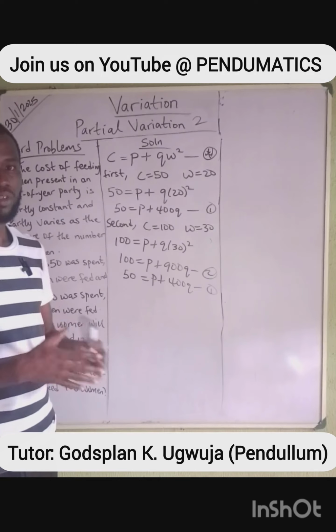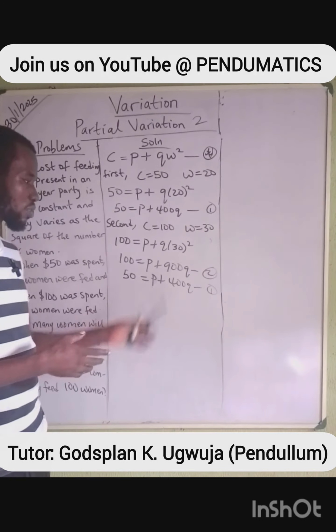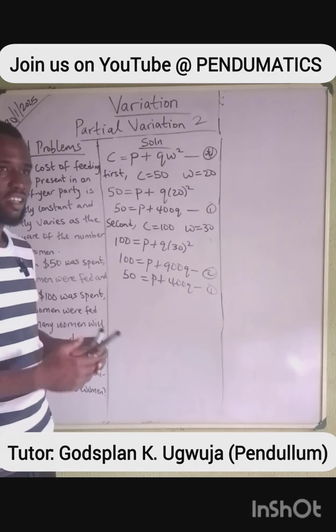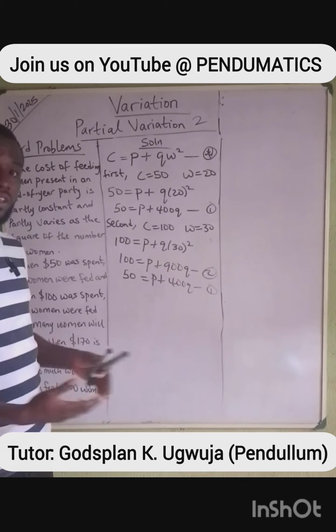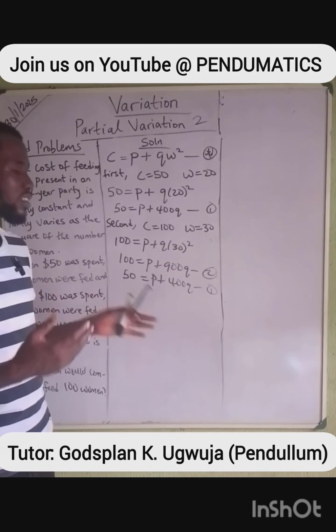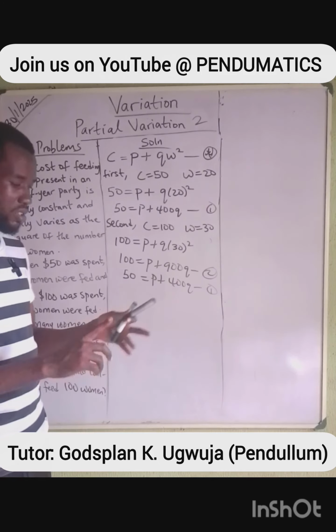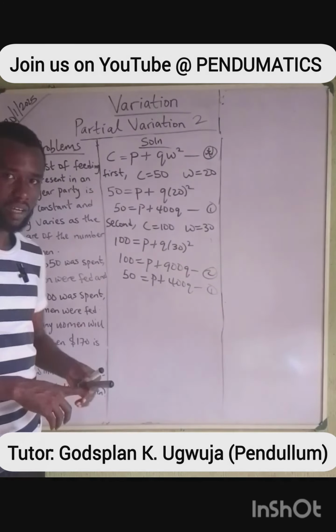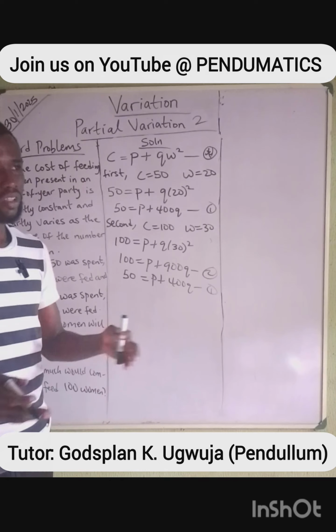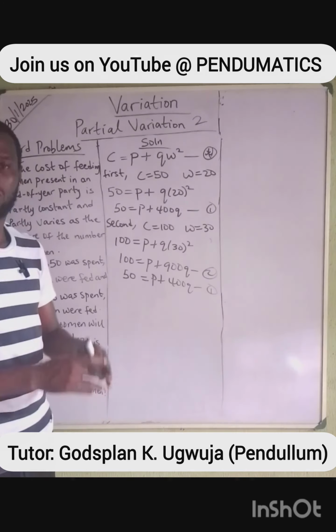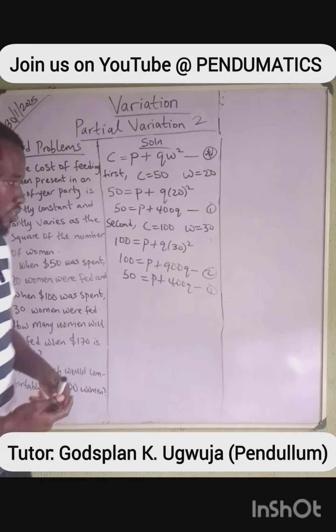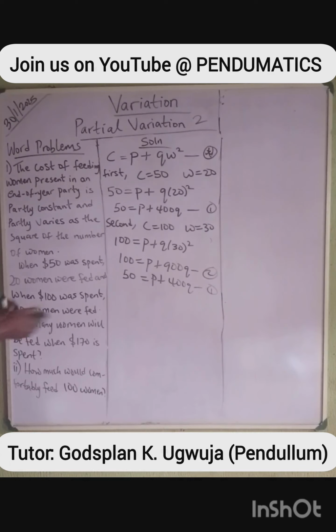We have covered simultaneous equations on this channel. So just pause this video, check through the channel. You will see a playlist of simultaneous equations. Do well to watch it, and we treated the various methods of solving it: factorization, elimination, substitution, and even the graphical method. So watch it, devote like 30 minutes to 1 hour. You should be able to understand how to solve simultaneous equations, all right, before you come back to complete this.